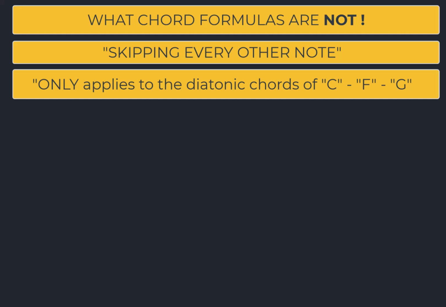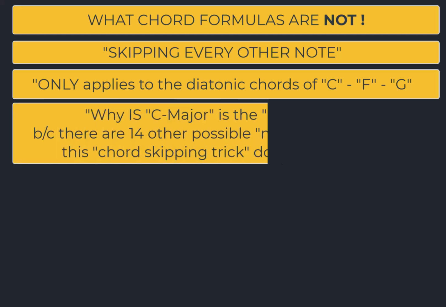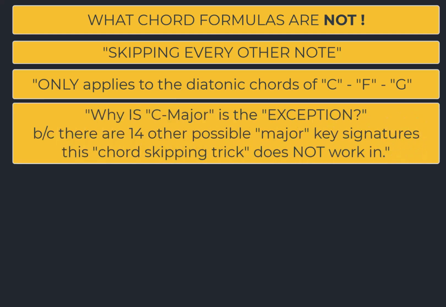But for me, only if the rest of the story is disclosed, as the key signature of C major is the exception, not the rule. Well, why is this the exception? Because there are 14 other possible major key signatures this "chord skipping trick" does not work in.